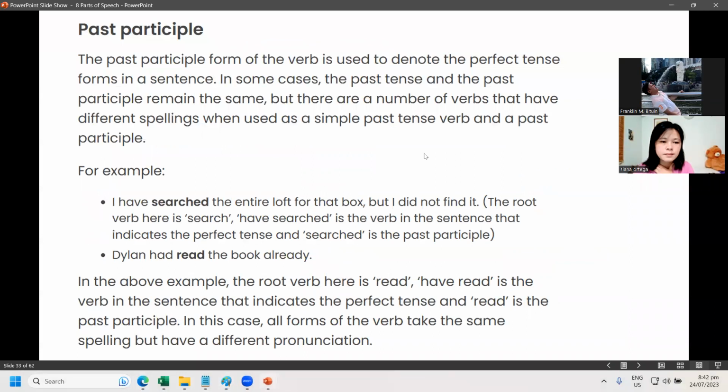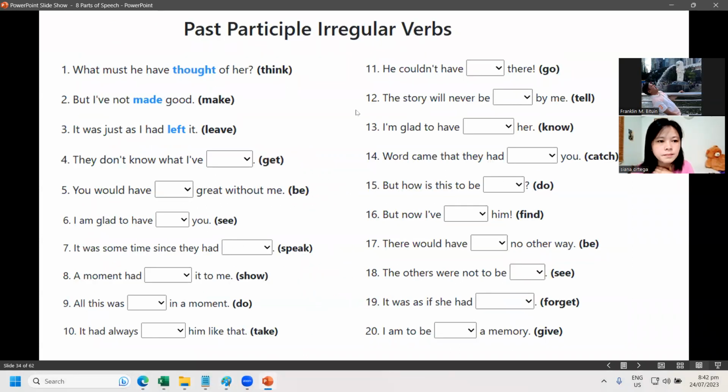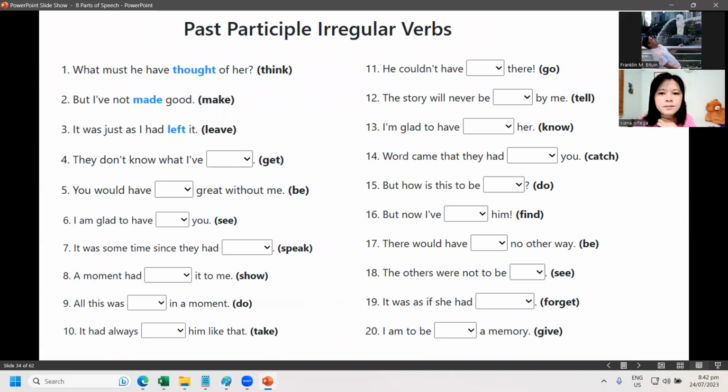So let's see. Past participle, irregular verb. I need you to answer this. Write your answers. These are irregular verbs. I think there are also some regular verbs here. Start with number 4.